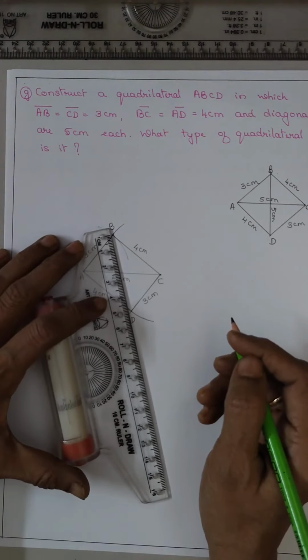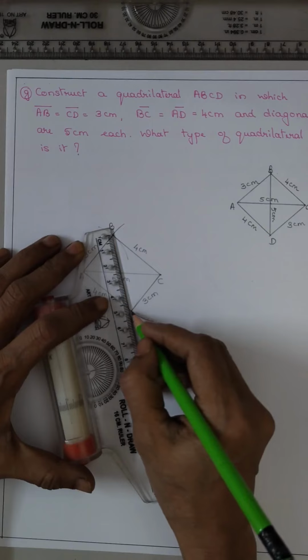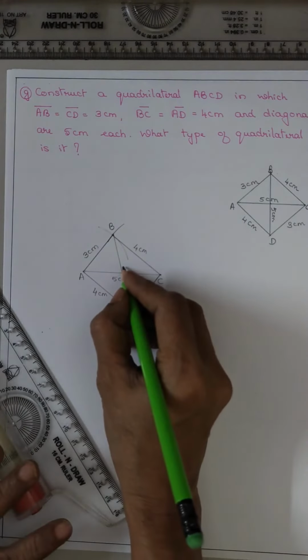AC is 5. Now check BD. This is BD. This is 5 centimeter.